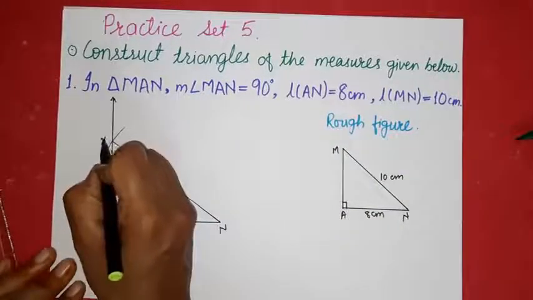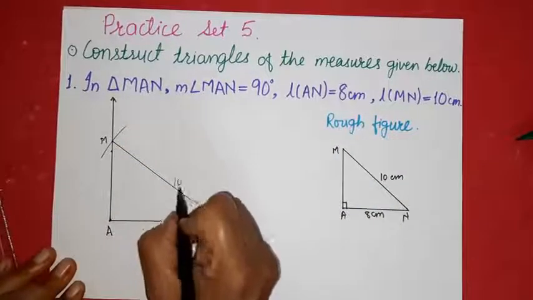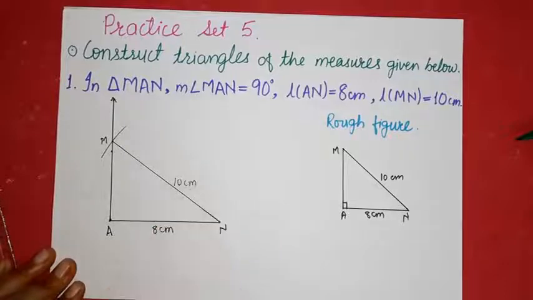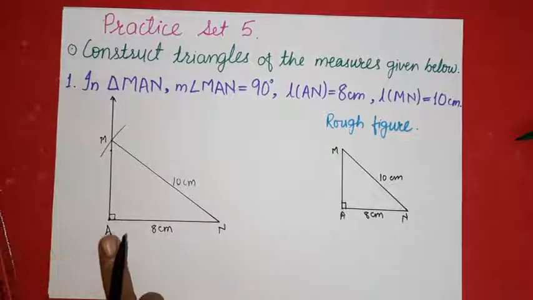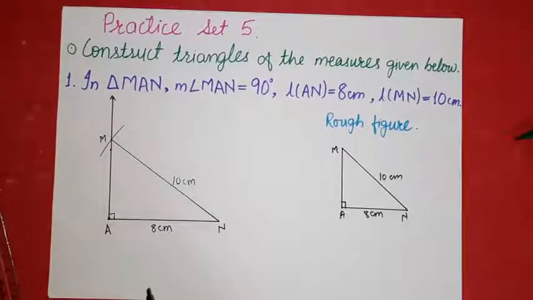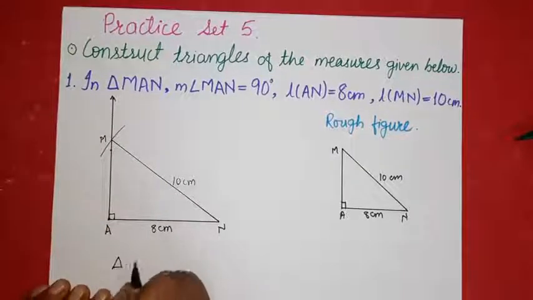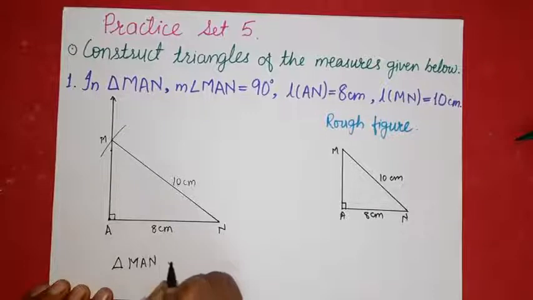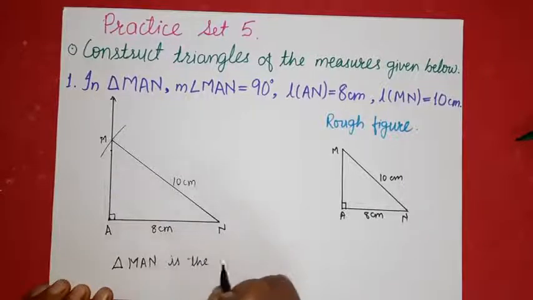This is the hypotenuse MN. Here the length of the hypotenuse is 10 centimeter. So we will write it here. Here angle A forms the right angle. So we will show the symbol of the right angle. Now this is the required triangle. So we will write here triangle MAN is the required triangle.